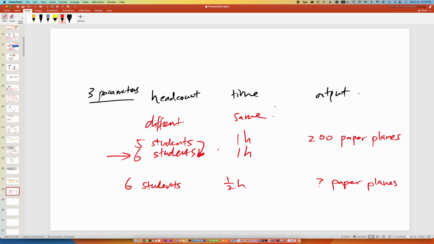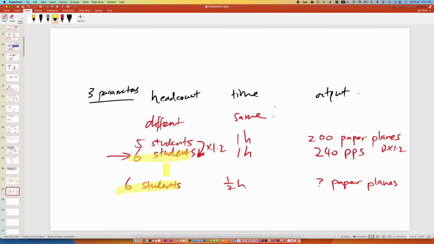Yes, so you times 1.2. So if the student head count increases by 1.2, so output also increases or decreases? Increase by 1.2. Correct. So what's the answer? 240. Okay, good. So 240. So now you can do the question already.